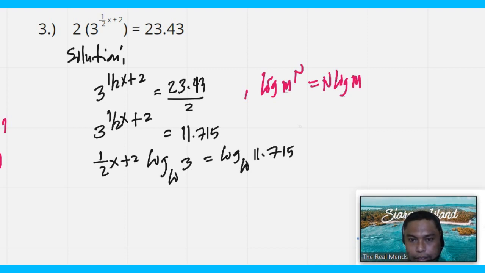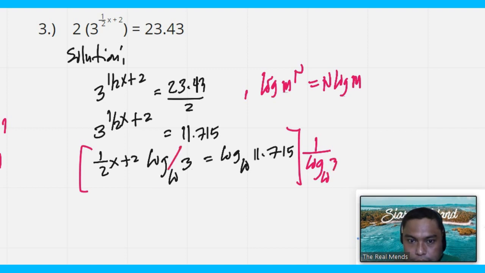Then divide both sides by log base 10 of 3, so this is cancelled out, and on the right side we have log of 11.715 over log of 3.